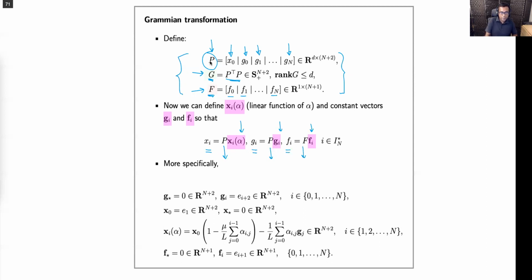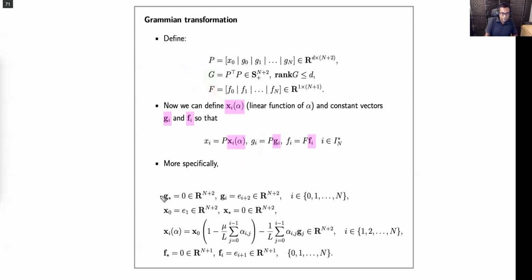So in other words, if we define these 3 matrices P, G, and F, then there will be some constant vector with respect to known step size, such that upon multiplication, we can reconstruct our original decision variables small xi, gi, and fi.